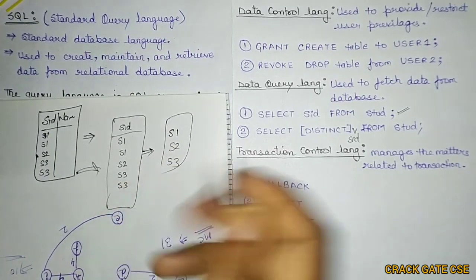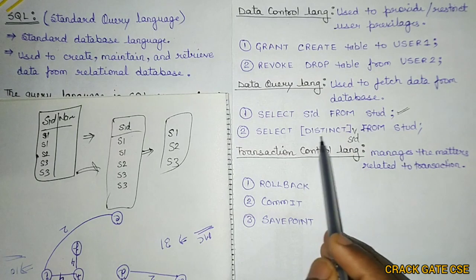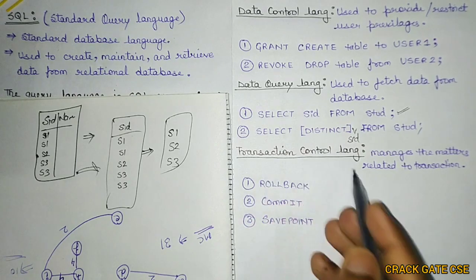So this is the main difference between these two. As I already told you, in relational algebra, every time in a table we get distinct records, but in SQL it is not necessary that you will get distinct records, because it will give you the value for each respective row, and if you want distinct values, then you have to use DISTINCT.